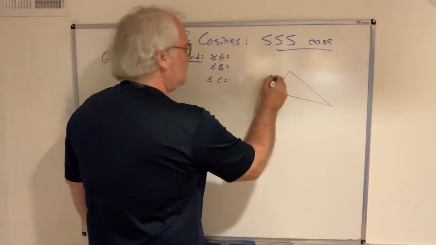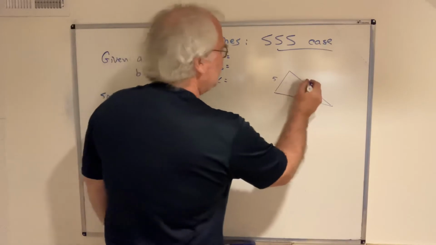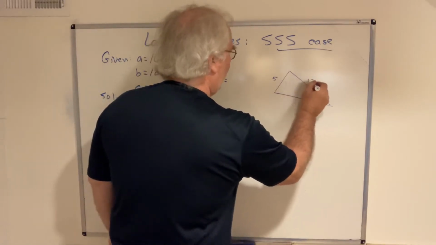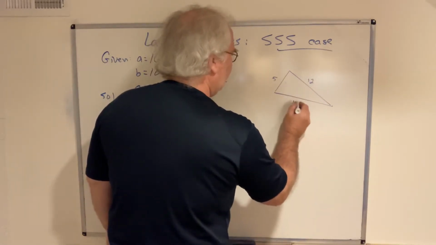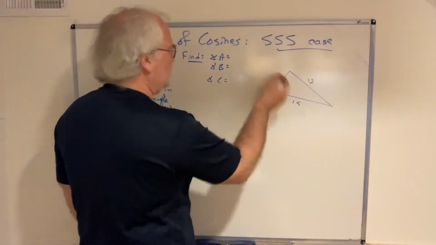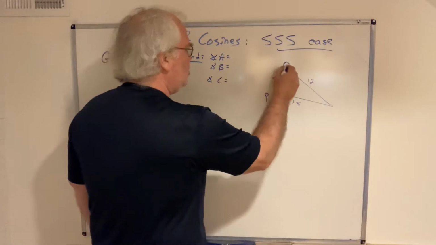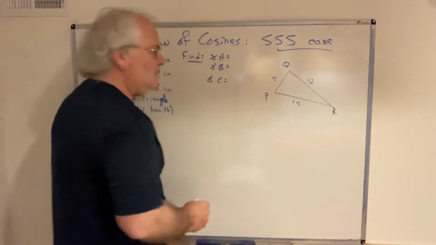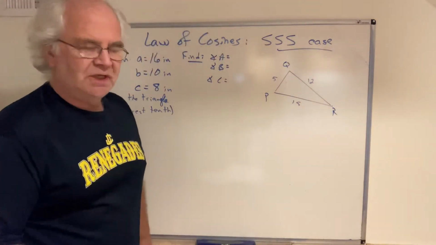Suppose this side is 5, suppose this length is 12, and suppose this length is 15. And let's just pick letters here. Instead of A, B, C, let's call this P, Q, and R. So the question is, which angle is largest?